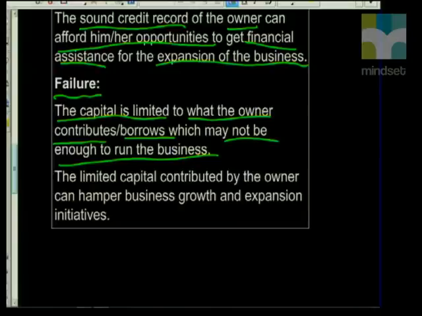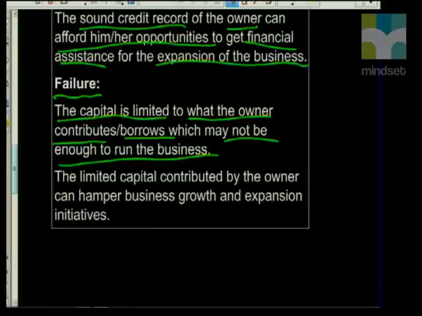So if you are a sole trader and you want to start a business, you don't necessarily have enough capital, and you don't have a good credit record, you're limited in how big you can make your business and how much you can put into it through your own capacity. That would definitely lead to the failure of a business if you don't have enough to start with even before you begin.